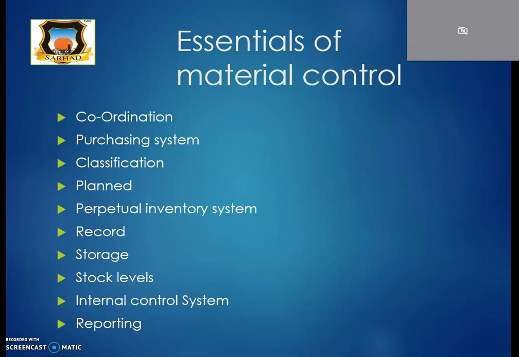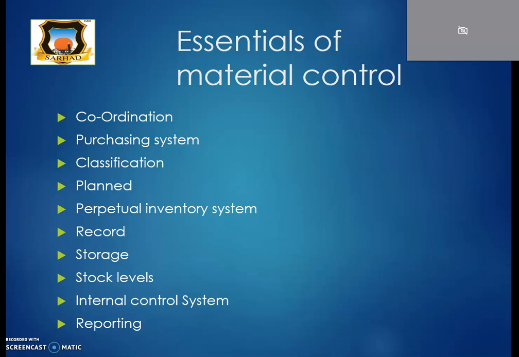Essentials of material control means the basic points to apply when we use a material control system in an organization. First point, coordination. There should be proper coordination and cooperation between various departments dealing in material, for example the purchasing department, store department, receiving and inspection department and accounts department.